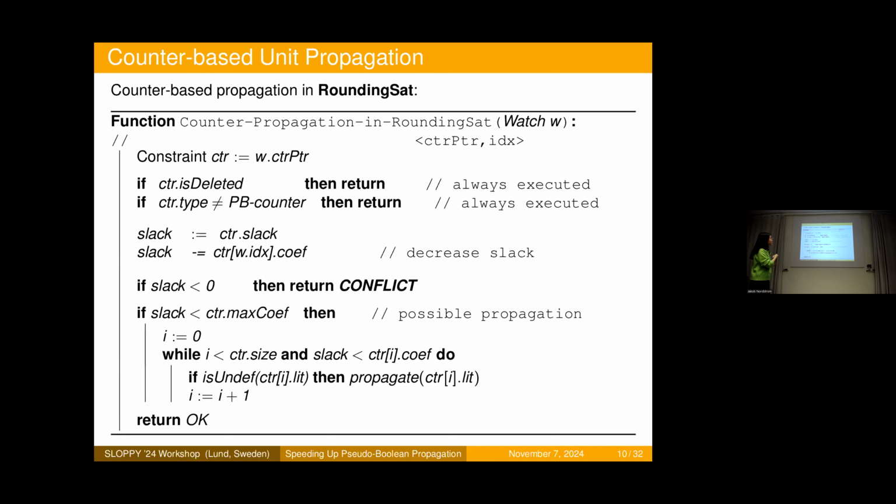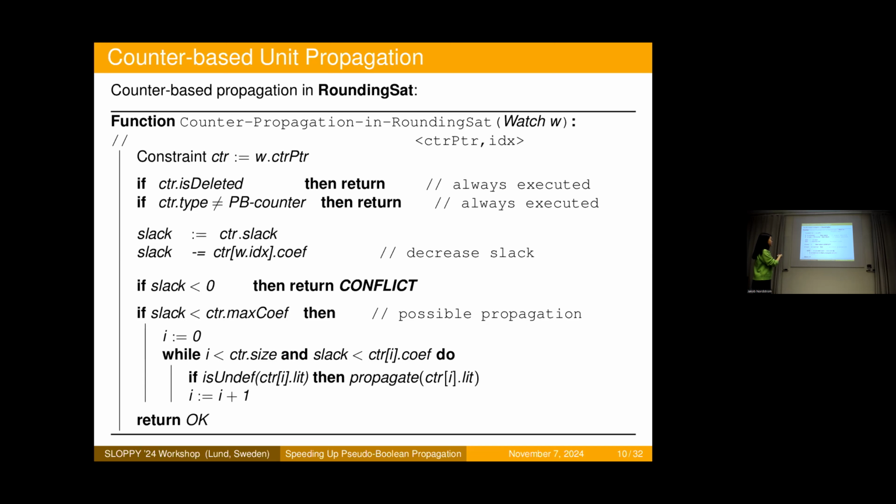Here is the implementation of counter propagation in RoundingSat. We see that when checking one constraint, firstly, we check if the constraint is marked as deleted or it's not using the PB counter. We do something else. And then we need to decrease the slack. If negative, we got a conflict.